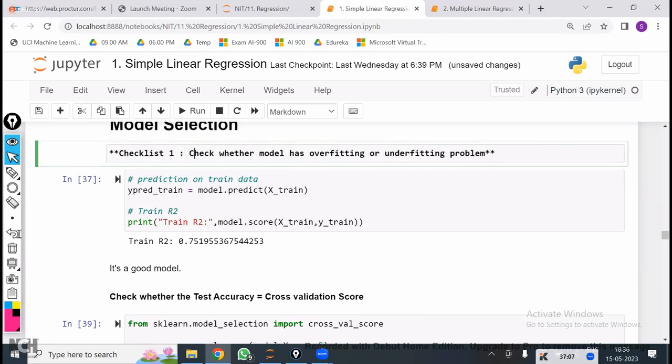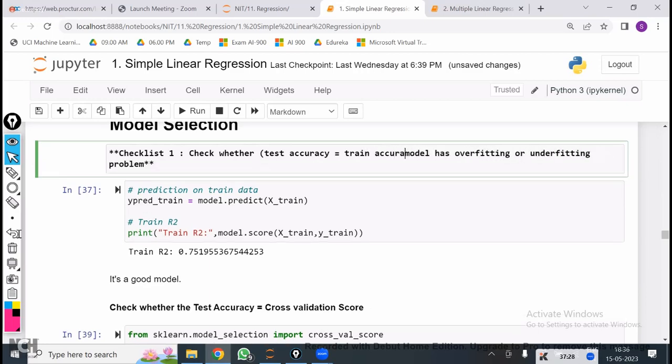Check whether train accuracy is equal to test accuracy. This is the check number 1 you have to do.